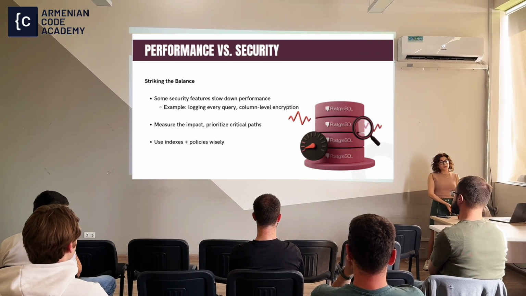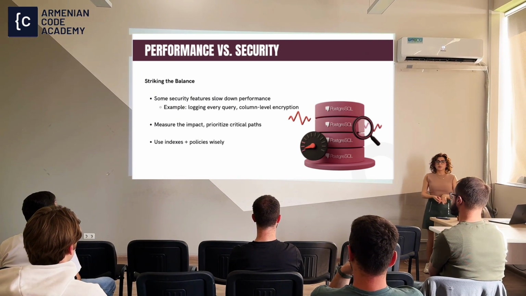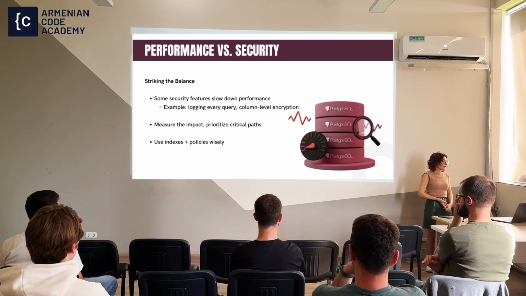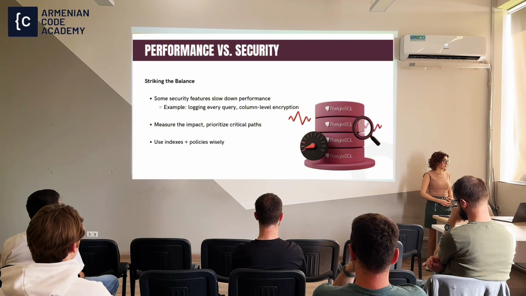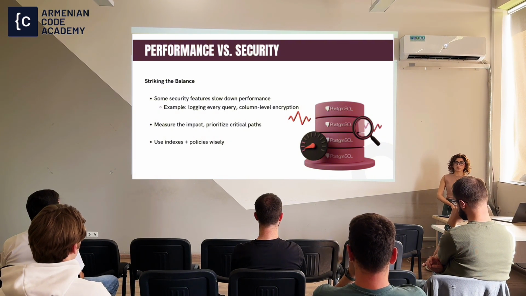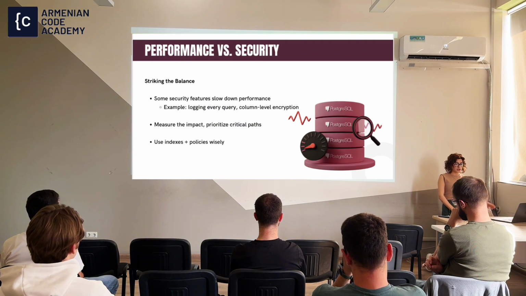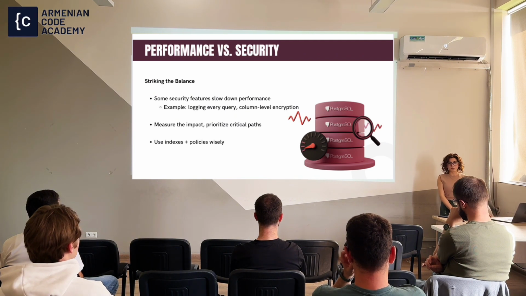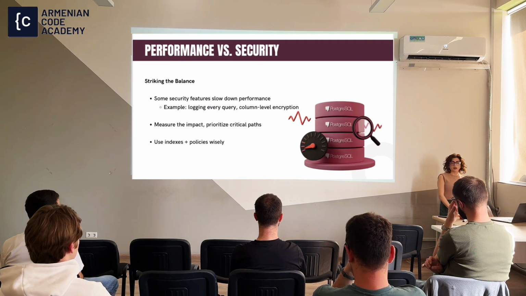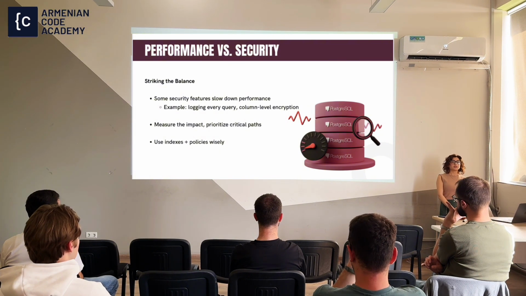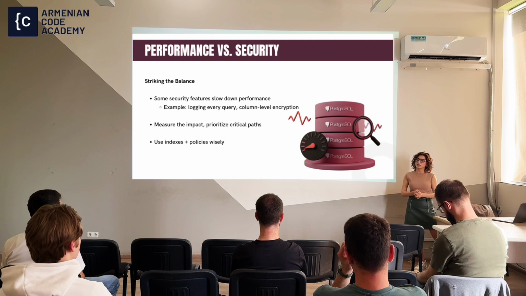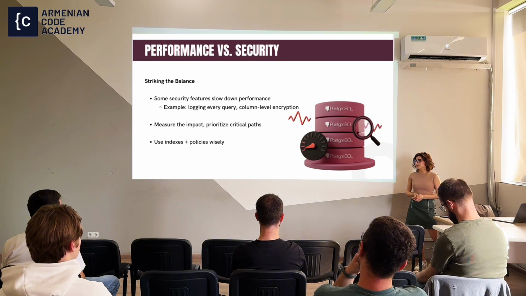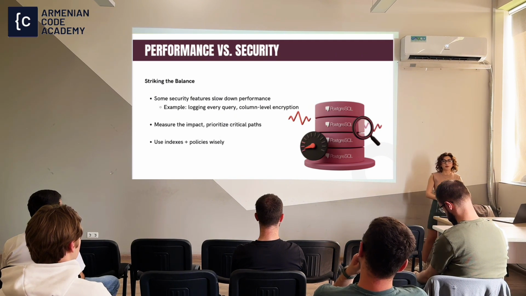So it is important to strike the balance between performance and security. Of course, some security features slow down the performance, just like I mentioned before, logging every query or column-level encryption. However, we can deal with the slow queries.